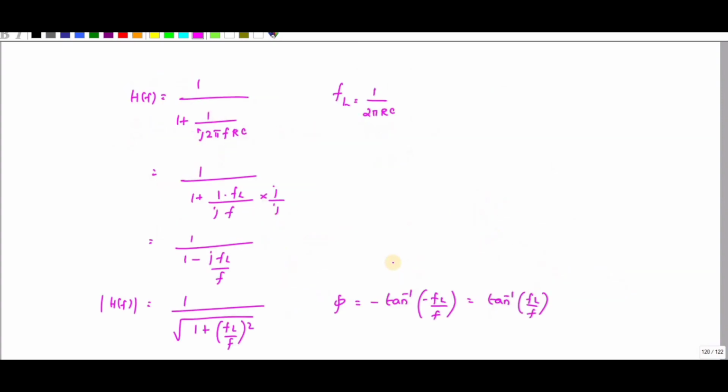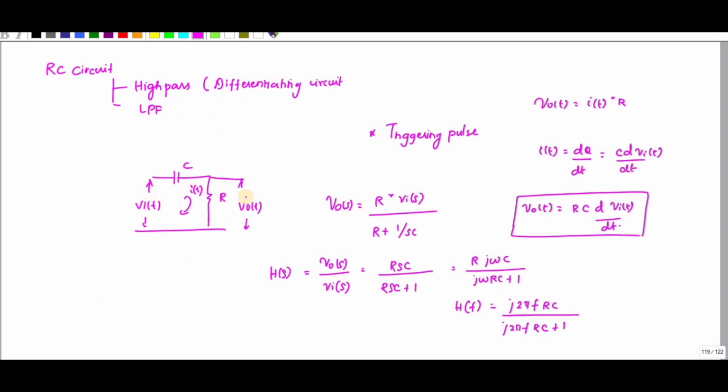If I look at the capacitance, during high frequency, what will happen? The XC value is very low, right? Very low. And therefore, the input will appear at the output.